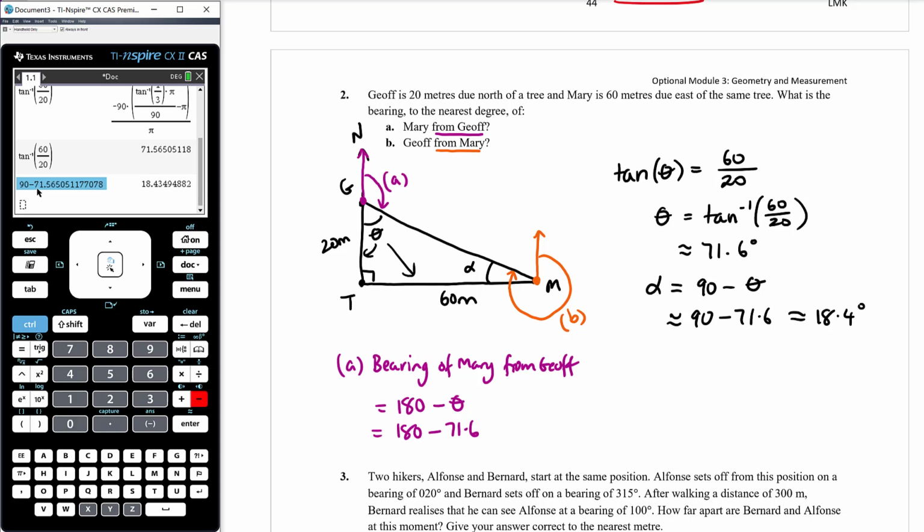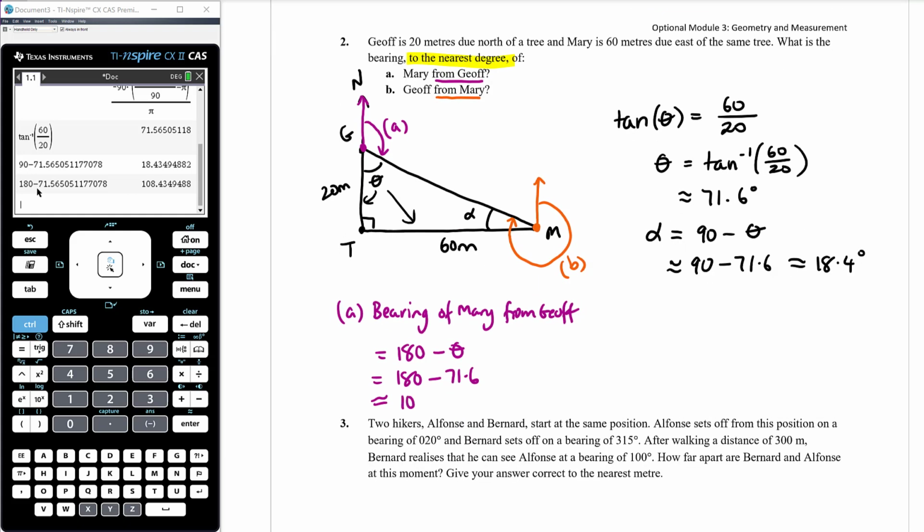And so that is approximately, to the nearest degree we want our answers, 108 degrees. So 3-figure bearing, true.